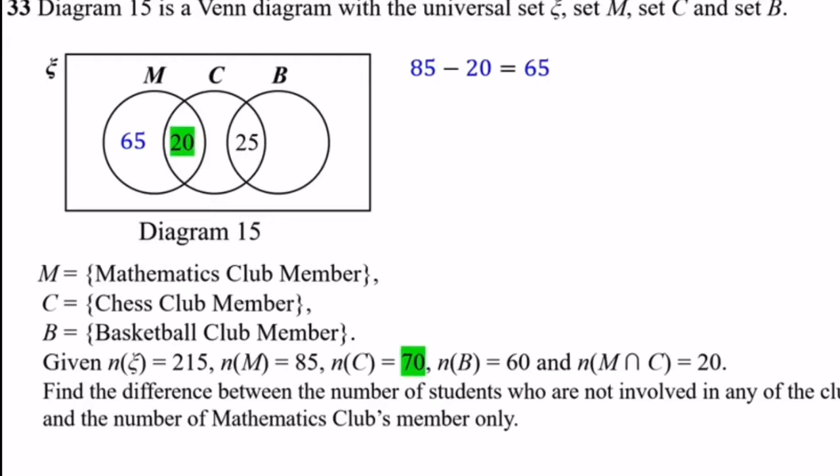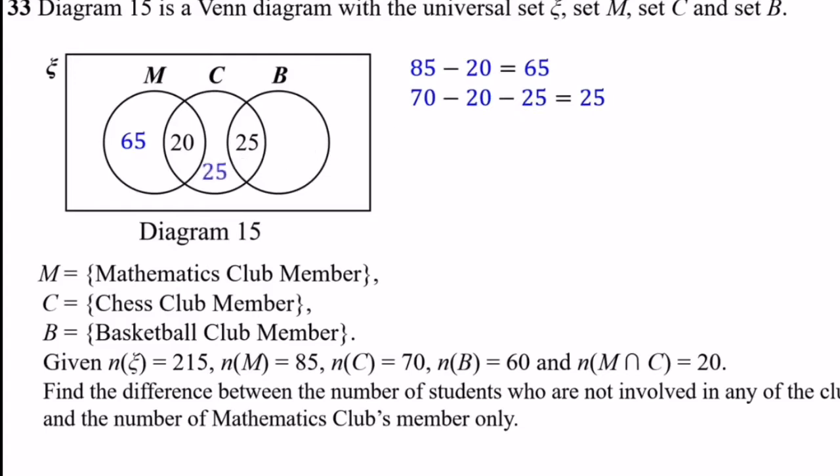We will get the balance for the remaining, and then we will fill in the Venn diagram so that we can solve for the next step. So we take 70 minus 20 minus 25, so the balance will be 25. So we need to label on the Venn diagram like this. Okay, so you label the 25.